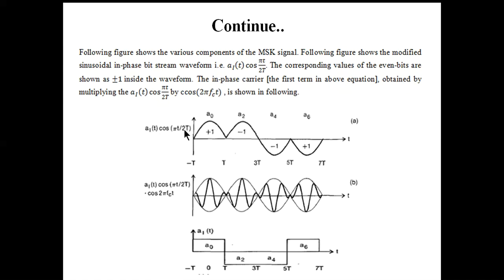Here the time duration or bit duration is very important. The time period should be 4T for the cos pi t by 2T. Now if we multiply it by cos 2 pi fct, it will become like this.